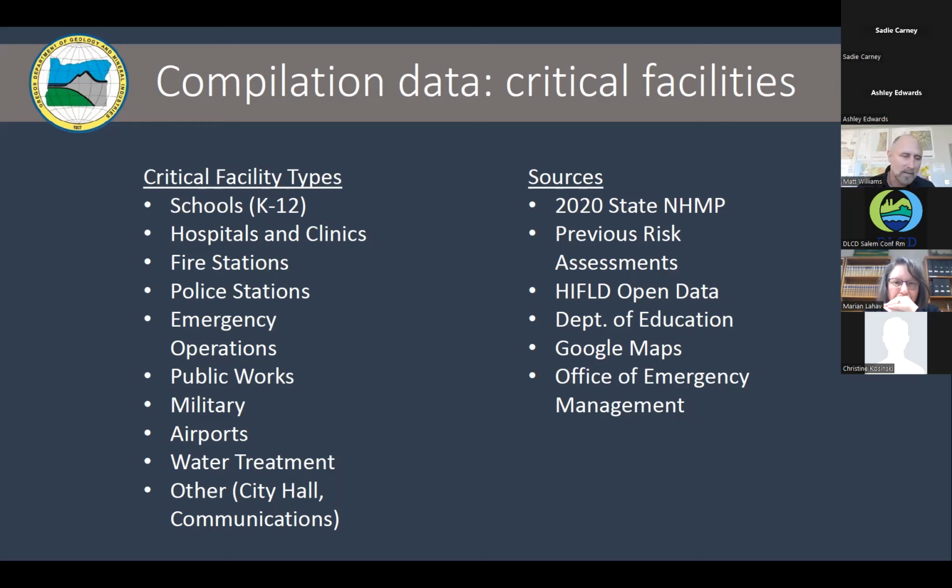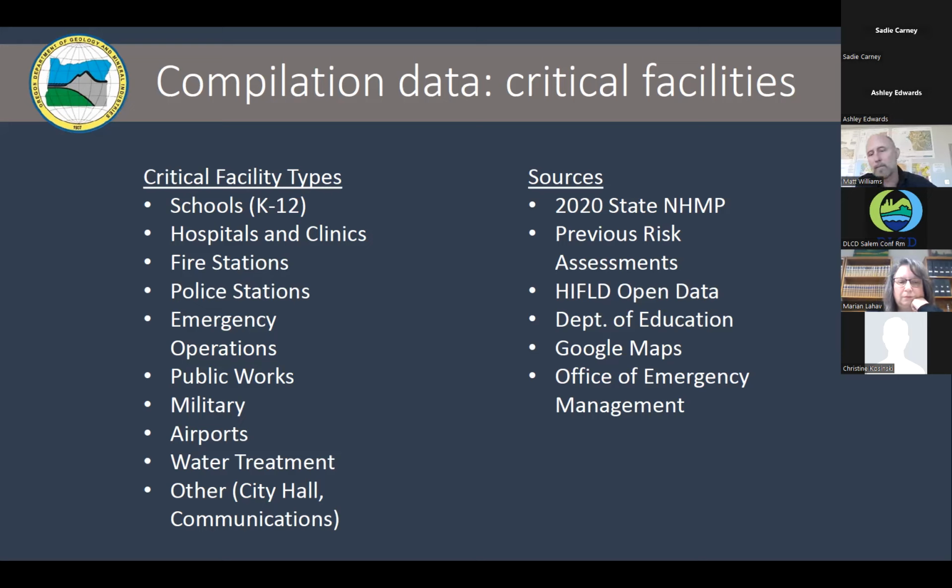I include some of the notable ones, such as public works, which isn't one that you would see in a HAZUS data set, let's say. But I feel public works is something we should include, because the equipment and things needed for recovery purposes are often stored in those facilities.